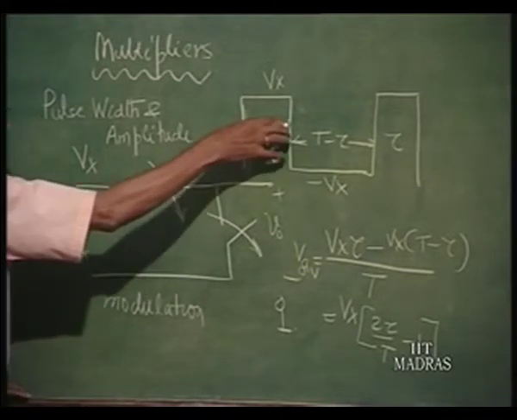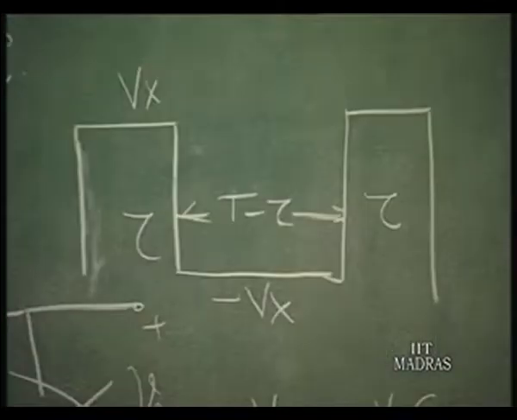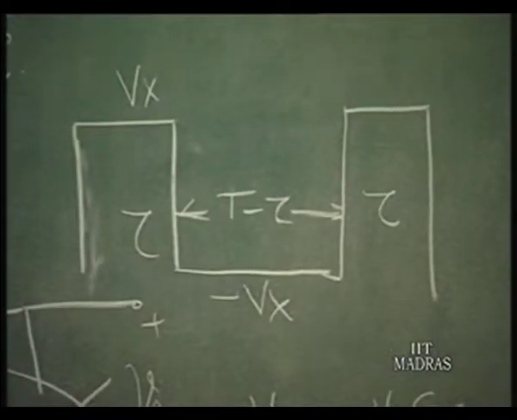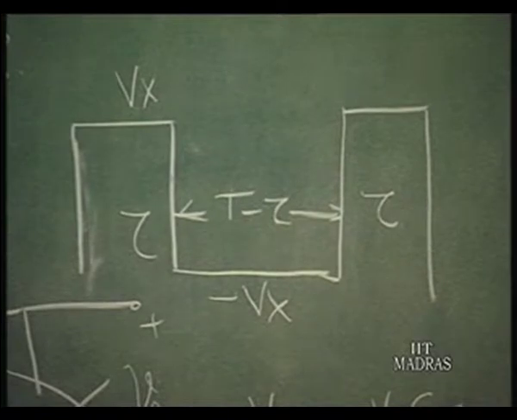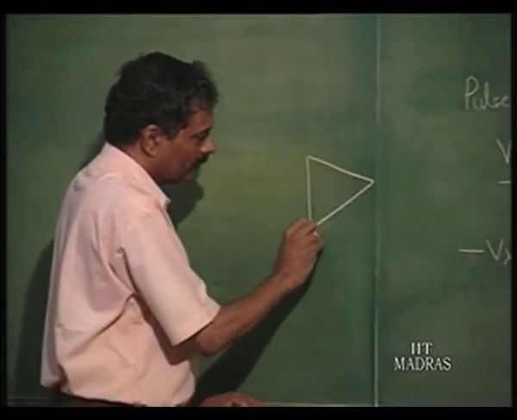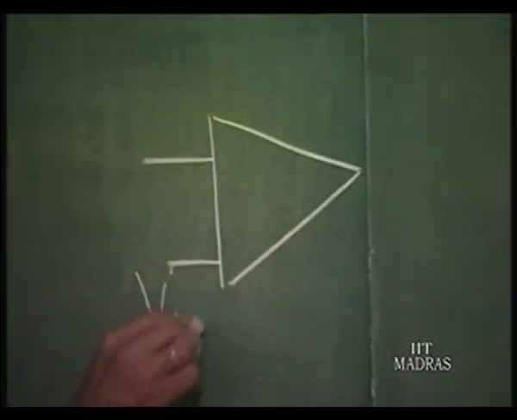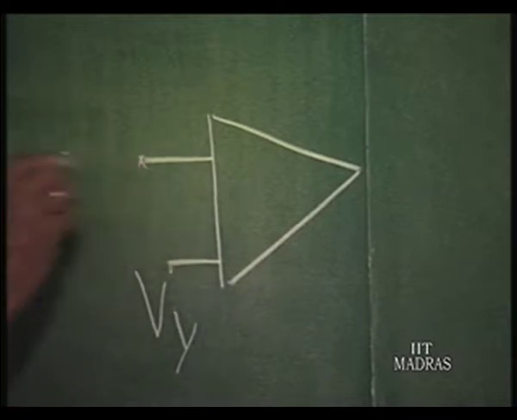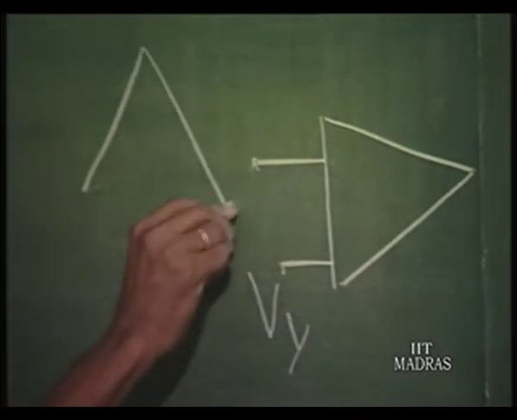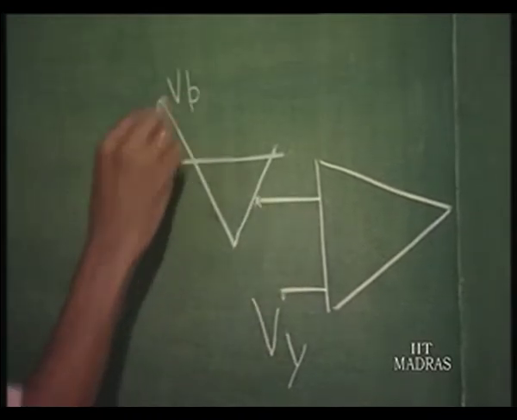This pulse width as well as amplitude get modulated by voltages, right. This is the type of multiplier. So, how do I actually modulate the width? That can be done by using, let us say, Vy, the other voltage, and a triangular waveform along with the comparator.